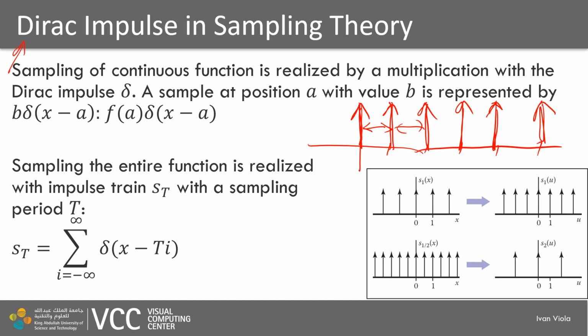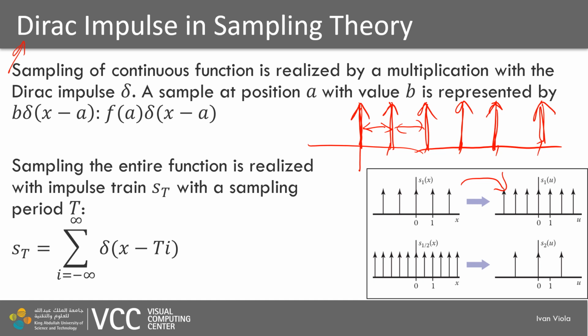So a frequency representation of such a comb filter is another comb filter. So here we have a frequency representation of that filter. And the more sparse the filter is in the spatial domain, the more dense the filter will be in the frequency domain, and vice versa.